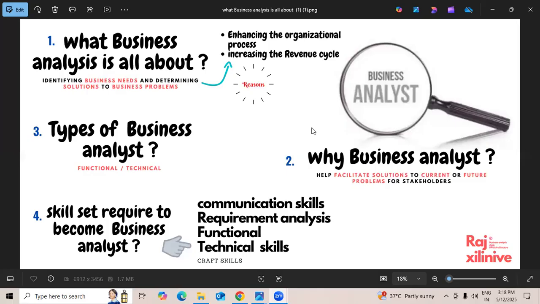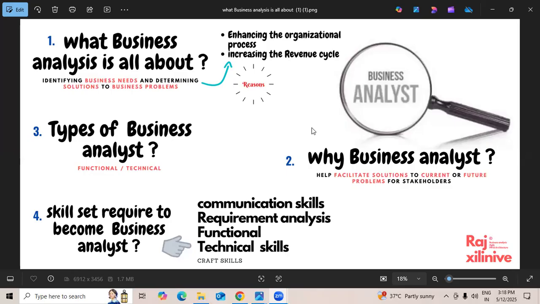For example, if you are working for a hospital, you must know how the hospital functions: how the patients come, how the appointments are given to the patients, how the medical procedures are followed, how the treatment takes place, and how the billing is generated. That complete understanding you must have as a business analyst. Why? Because you are working for a hospital, you must know in and out the functionality of a hospital.